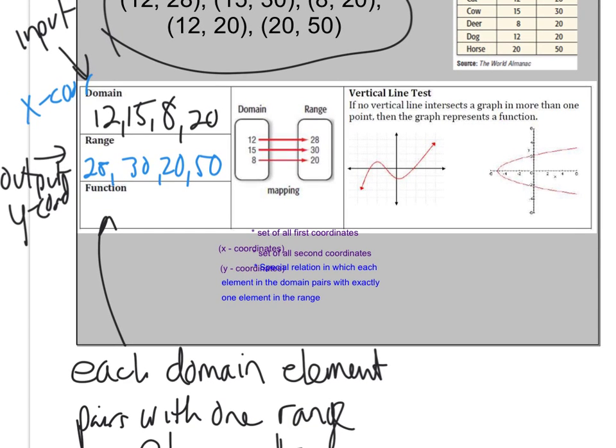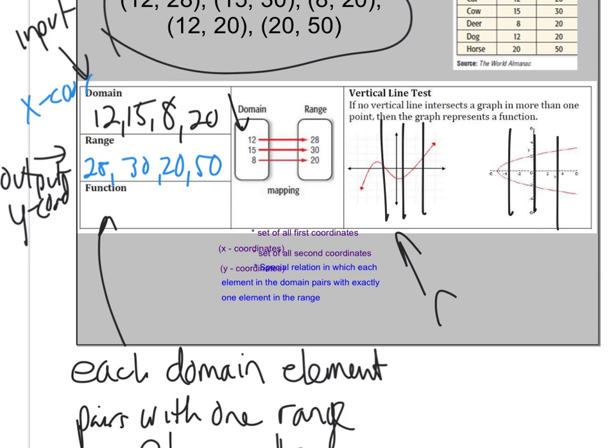When I look at this, if I've got one input going to two outputs, that's bad. If I've got one input going to one output, that's fine. So vertical line test: if I'm graphing this relation, if I can draw a vertical line and only hit the graph once, that's good. So this would be a function. Here, I hit twice, that's not a function. Okay, so no function, that hits twice.